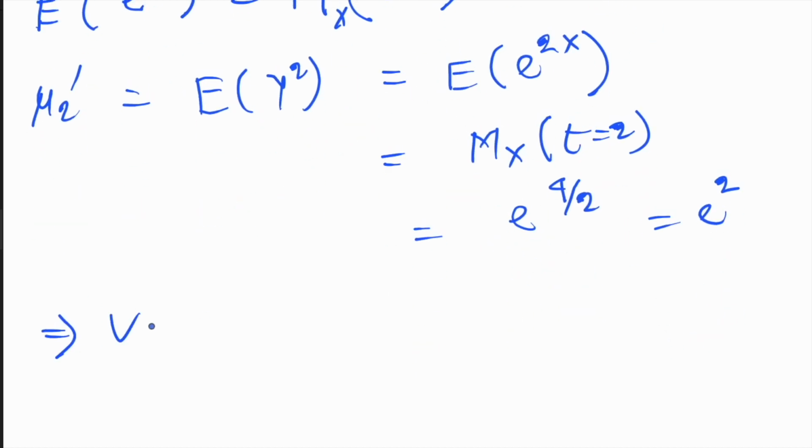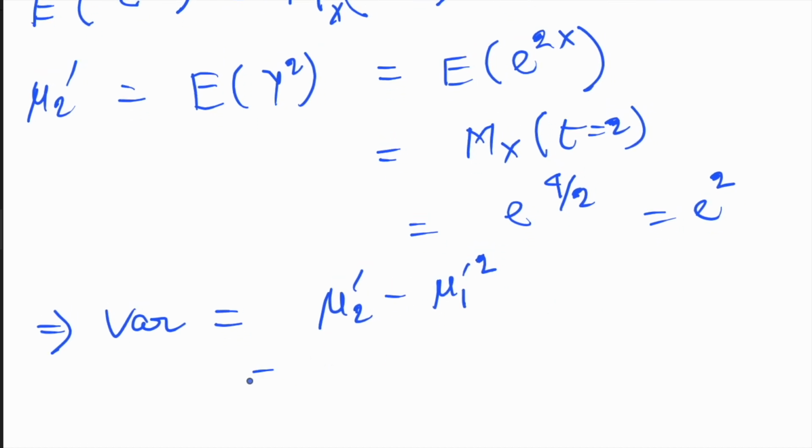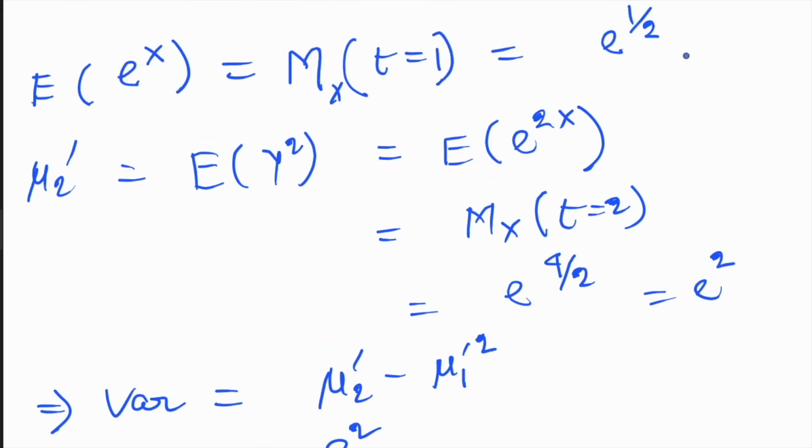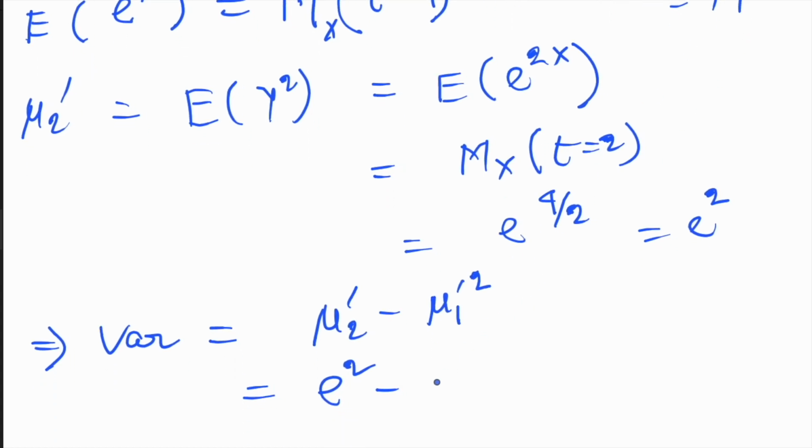Now what will be the variance? Variance will be mu 2 prime minus mu 1 prime squared, that is e square minus, this is actually mu 1 prime, e to the power half, so this is e.